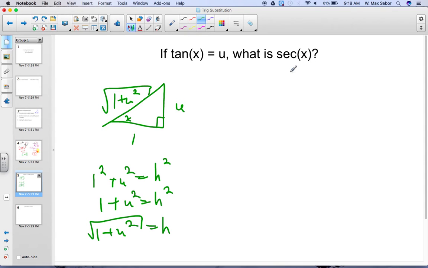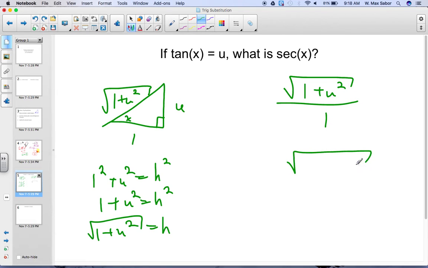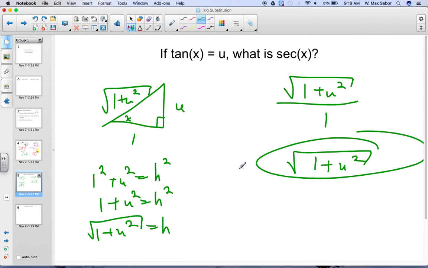Now for secant, we'll say that that's hypotenuse over the adjacent, which just simplifies to be that. Weird thing, where just looking at the problem, you wouldn't realize it, but once you set up a right triangle with these side lengths, then it becomes very easy to do Pythagorean theorem and set up the ratio.